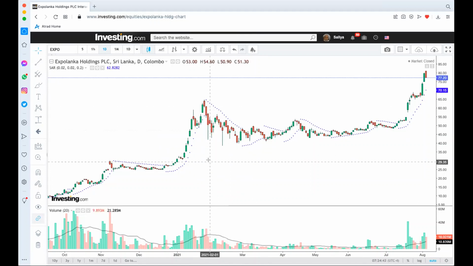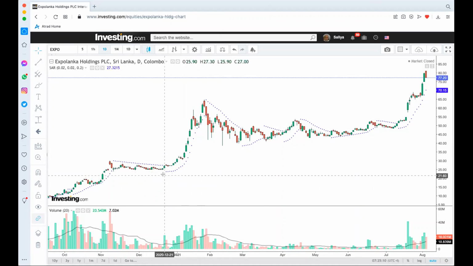And the reason I said you can make use of the indicator to decide on entry and exit points is that when there is a stop and reverse and you see the dot appearing at the bottom of the price, that means there had been a breakout, right?